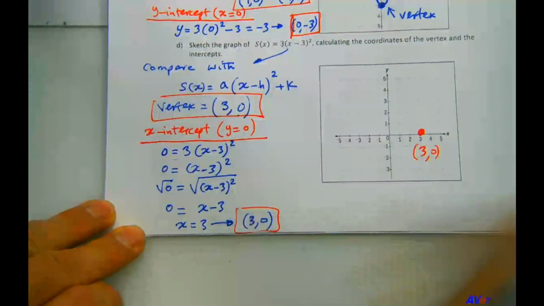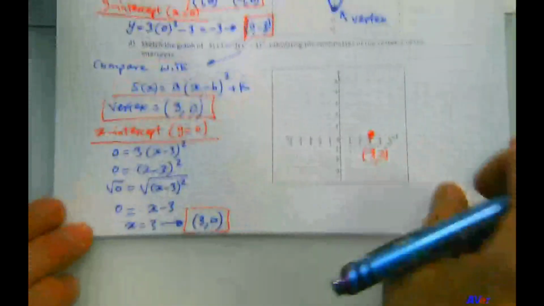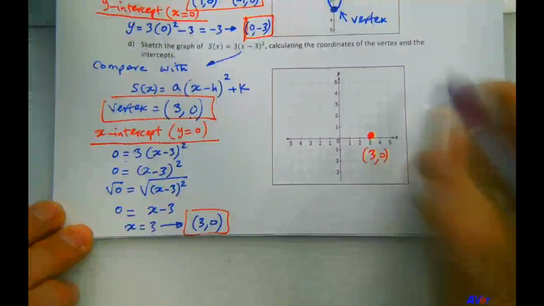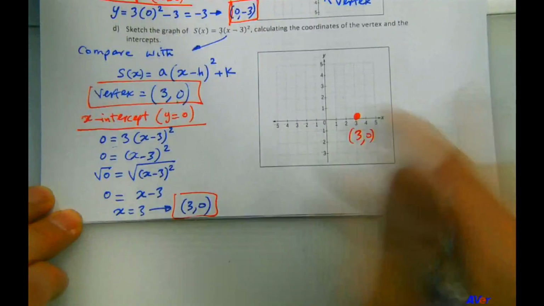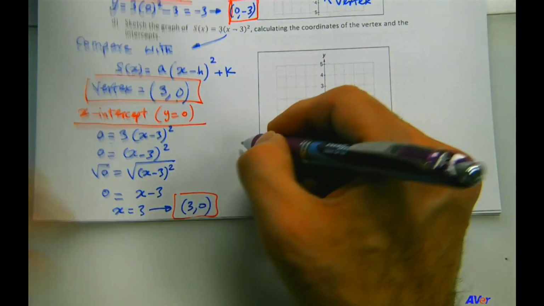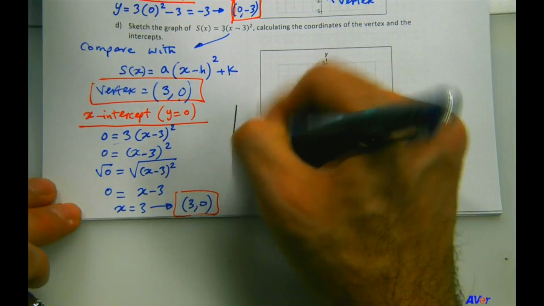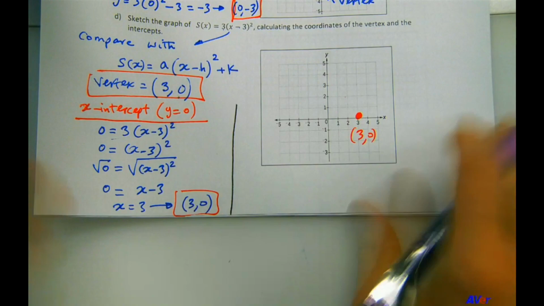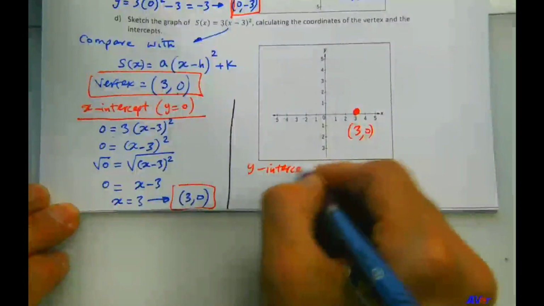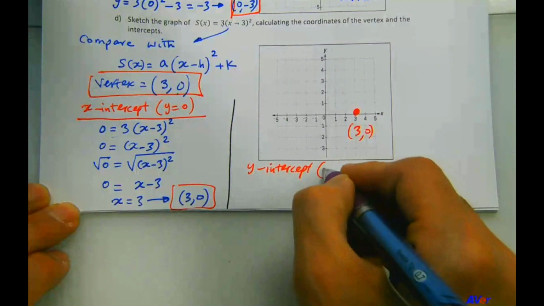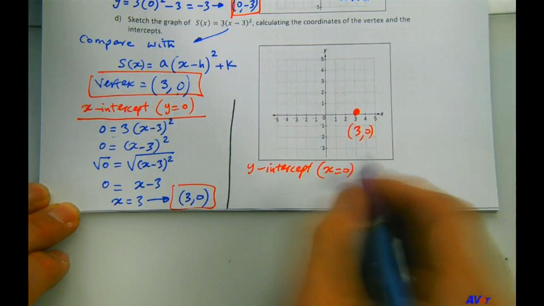So we have that. Let's find the y-intercept. I'm going to do that here because I'm running out of room. A dividing line there, and a y-intercept happens when we have x equals 0, right?